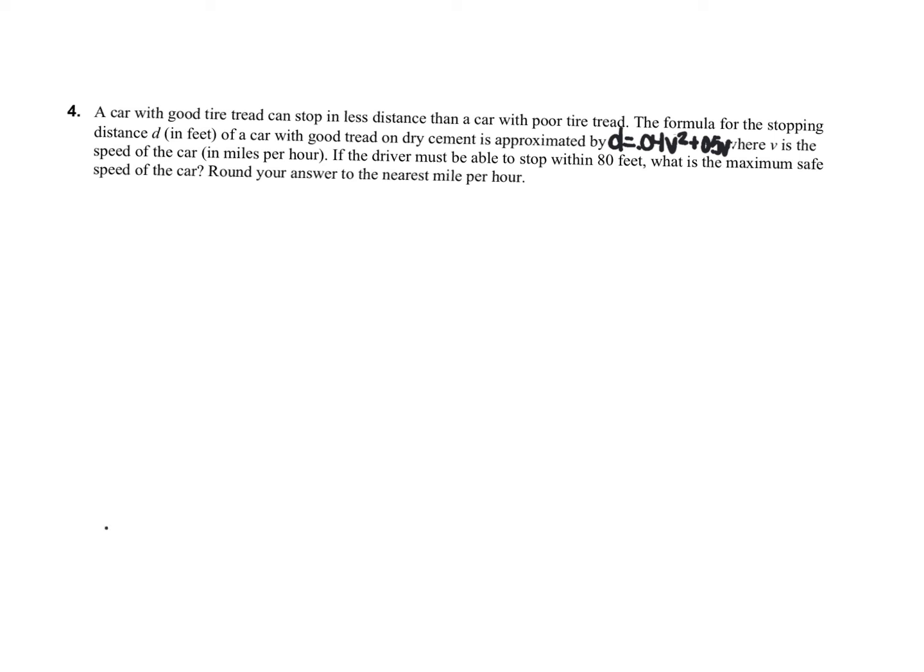All right, so let's go ahead and I'm going to write down our formula here. And we have D is equal to 0.04 V squared plus 0.5 V, and then the distance that we're looking for is going to be the 80 feet, so we're going to put is equal to 80. All right, now we're going to solve this by completing the square.